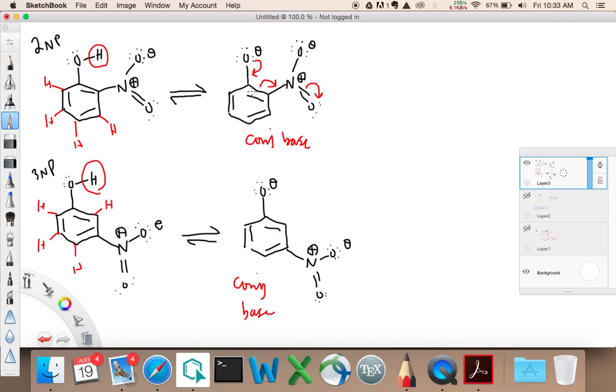These lone pairs of electrons, this is resonance now, so I'm going to draw it with a special arrow. You know what? Get rid of that. So I can go back to black. Messy here.